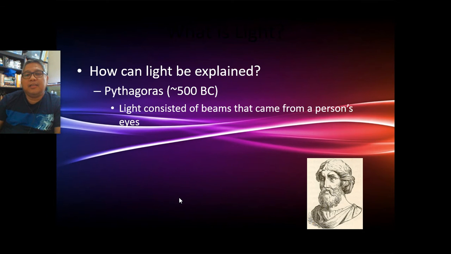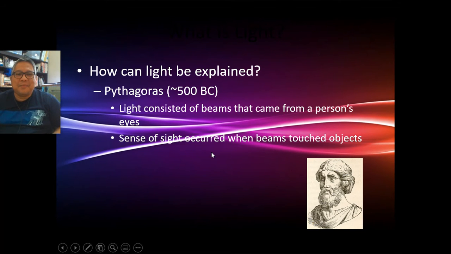How can light be explained? Pythagoras, 500 BC, said that light consisted of beams that came from a person's eyes. Pause the video, think about it. Light coming from your eyes allows you to see objects. Now, this can easily be debunked when you turn off the light switch and you can't see anything because there's no light coming from your eyes.